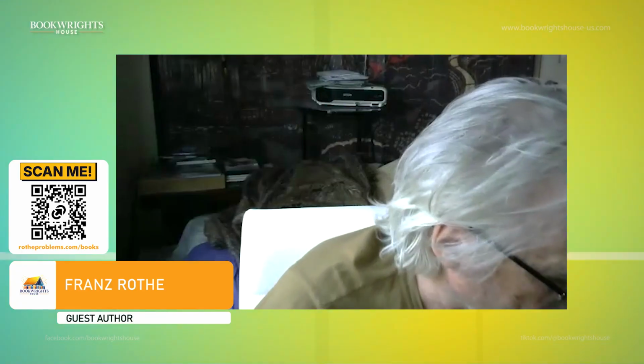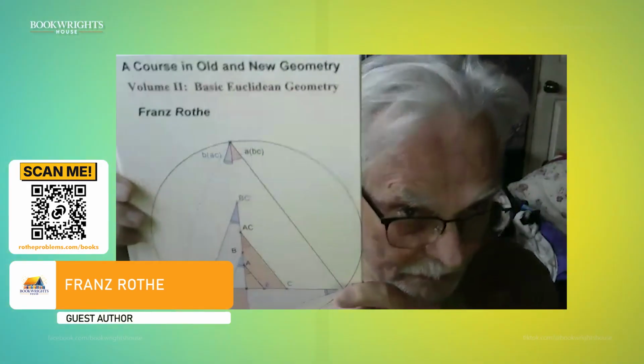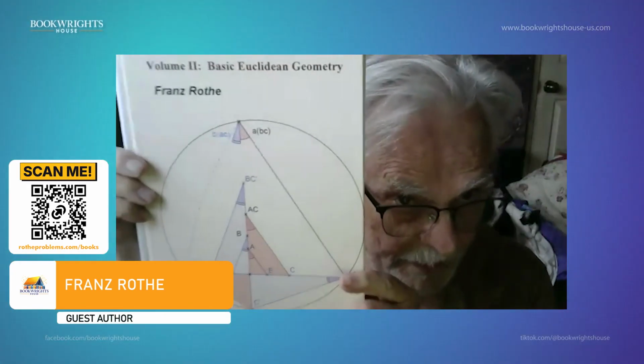But otherwise, that gets partly too abstract for a work which I want to be able to use for the teaching of many courses. There, the second volume, the basic Euclidean geometry, is much better.